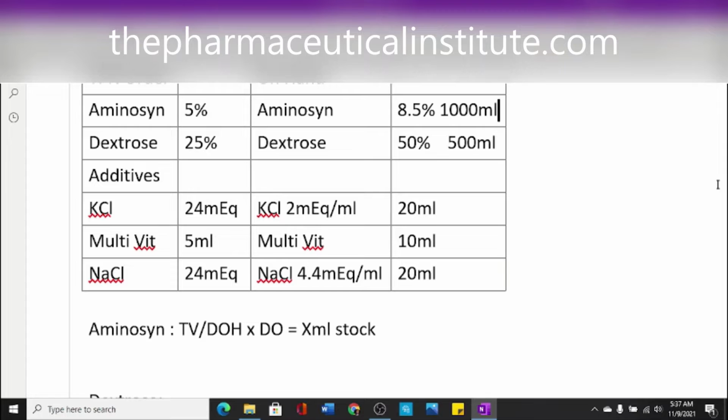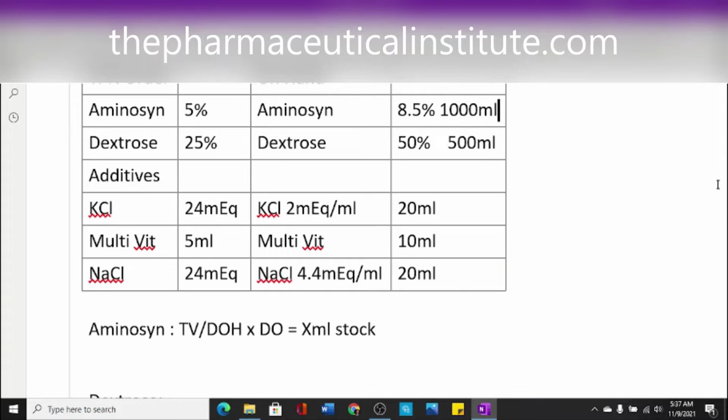But our stock doses on hand are different. What we have is 8.5% aminosyn, 50% dextrose, 20 milliliters of potassium chloride at 2 milliequivalents per milliliter, 10 milliliters of our multivitamin, and 20 milliliters of sodium chloride at 4.4 milliequivalents per milliliter.